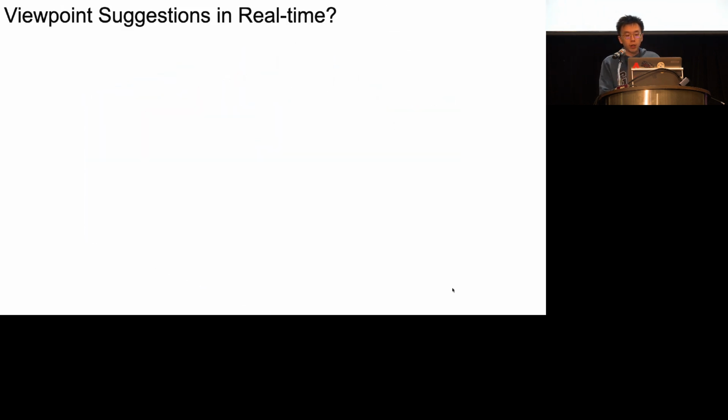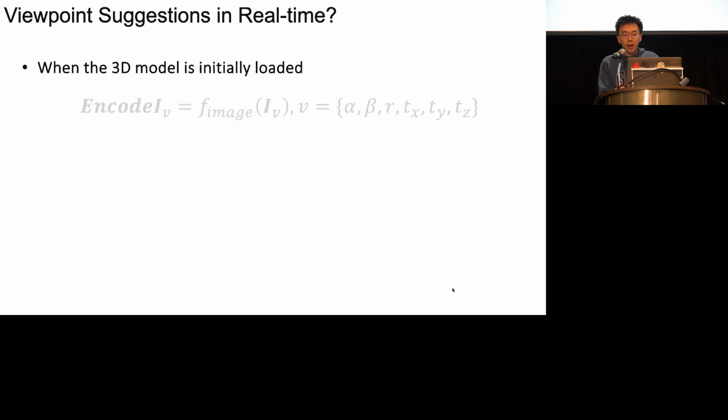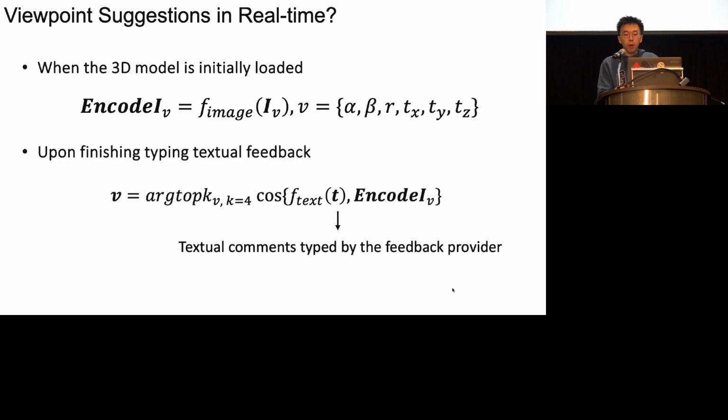With a CLIP image encoder, we then compute the embeddings of each sampled view. The view embedding matrix can be stored persistently. Upon feedback providers completing typing each text input, MemoVis can identify the top 4 views by comparing the text embeddings with the stored view embedding matrix using a nearest neighbor search.